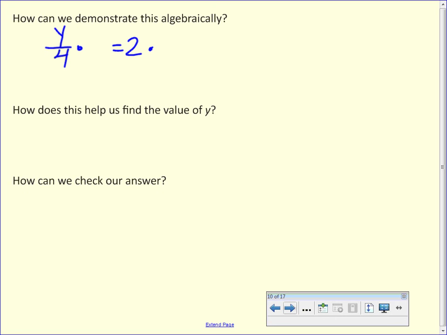What's the inverse? y multiplied by what? I want the y alone. 4. So I have to multiply both sides by 4. So that leaves us with y equals 8. Same thing as the tape diagram.